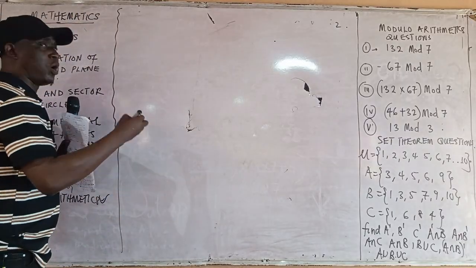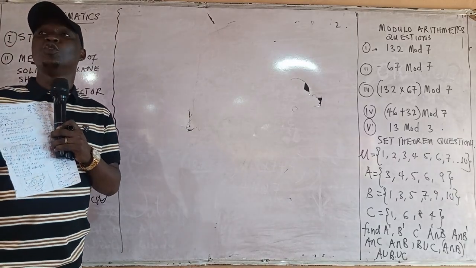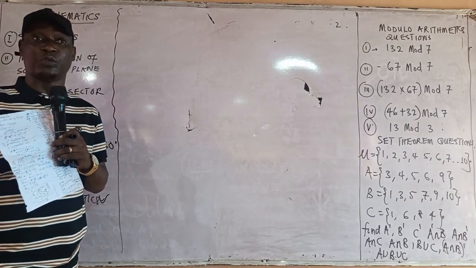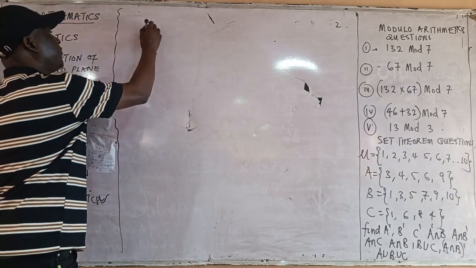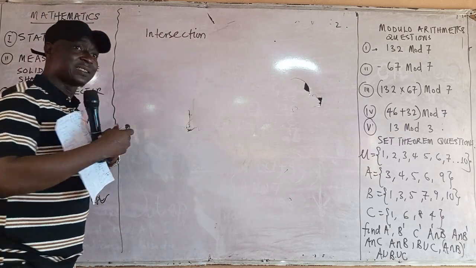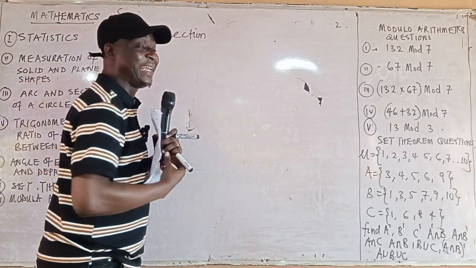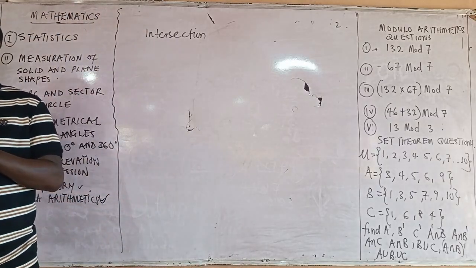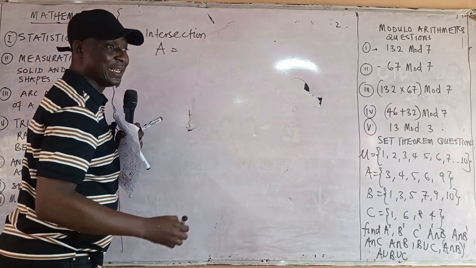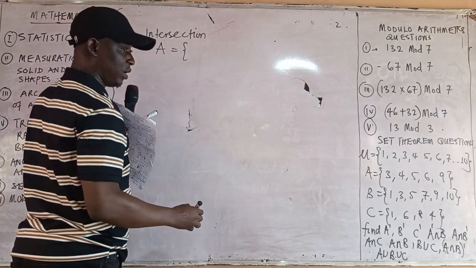Now, there are important terminologies that will always wait for you in the exam, which you have to understand if I want to teach sets. What is the first one? Intersection. Sets are always written in capital letters, while elements are written in small letters.